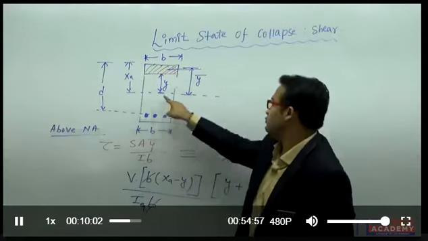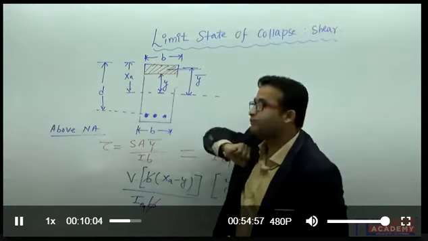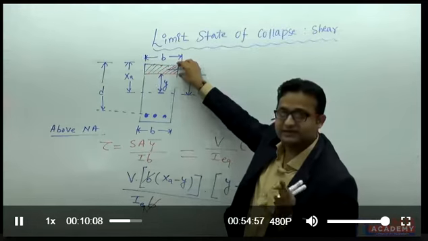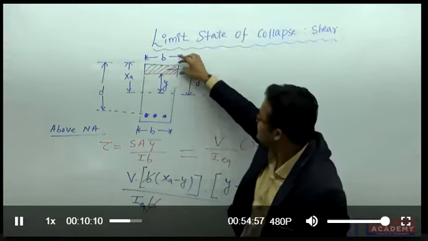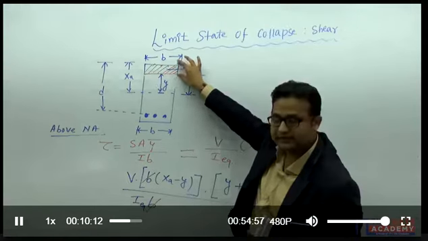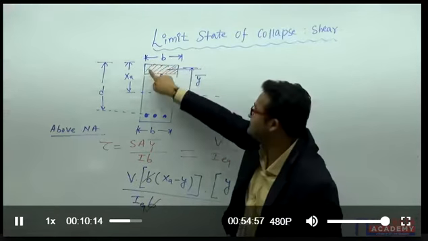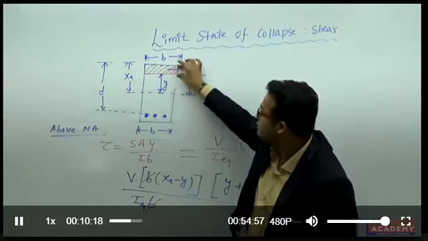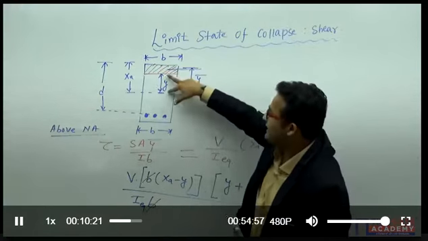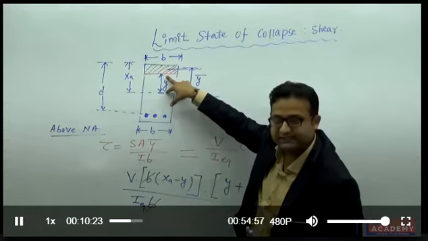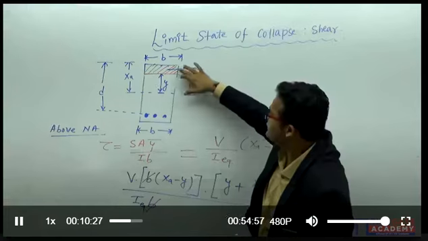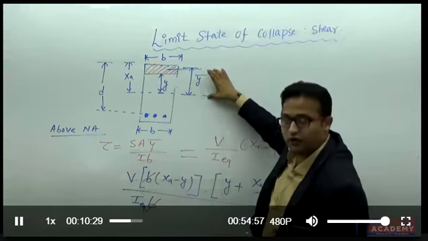So this is the depth of the neutral axis XA, and suppose I want to calculate the shear stress distribution in this region, the red dashed lines, which is at the distance of y from the neutral axis, and the CG of this area is Y bar from the neutral axis.